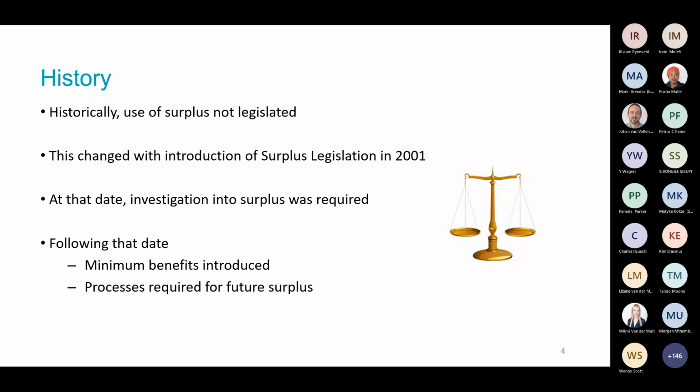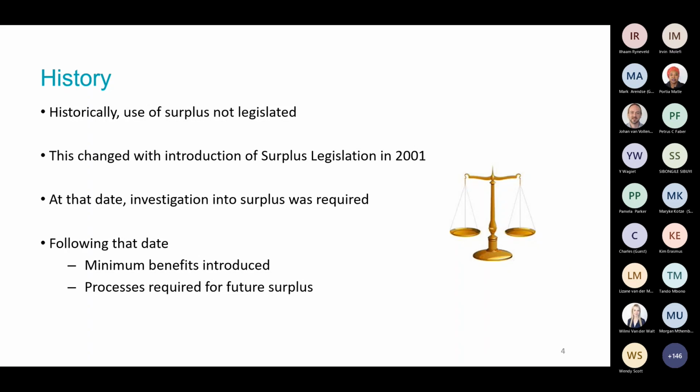The effect that the surplus legislation had at the time was, one, a fund had to do a surplus apportionment exercise at the surplus apportionment date, which is the first valuation done following the enactment of the Act. The fund had to investigate whether it had surplus at that point in time, including any historical improper use of surplus. The total surplus would be combined, and then the fund would do that apportionment.